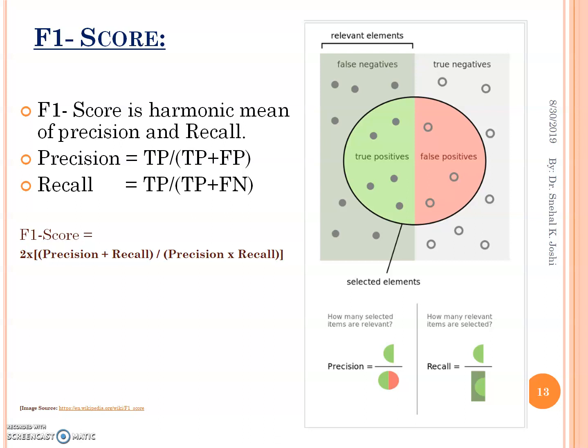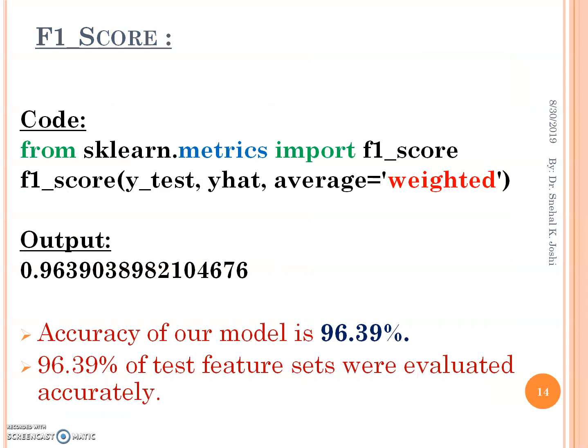Precision is the ratio of true positive to the sum of true positive and false positive. Whereas recall is the ratio of true positive to the sum of true positive and false negative. We calculate precision and recall and then calculate the F1 score. However, we have an inbuilt function to calculate the F1 score, so in reality we don't need to calculate precision and recall separately.